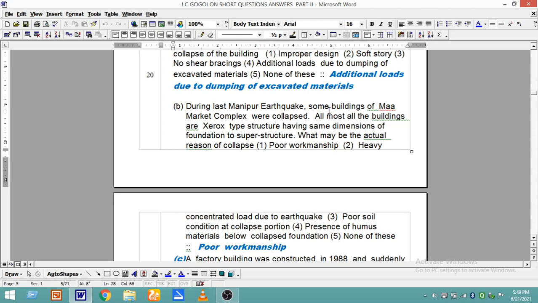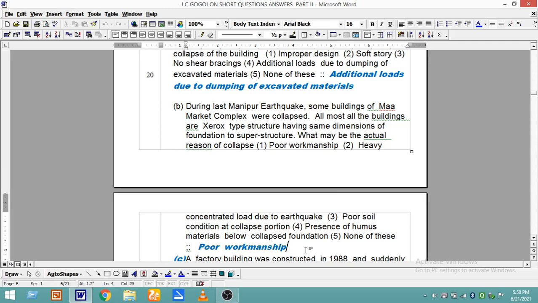If it was heavy concentrated load due to earthquake, then other columns and other buildings would also be affected. These collapsed mainly because of poor workmanship at that portion. Poor workmanship.